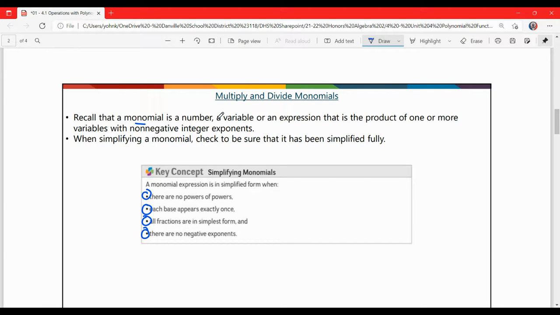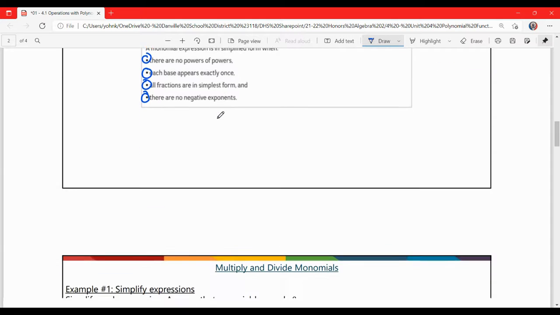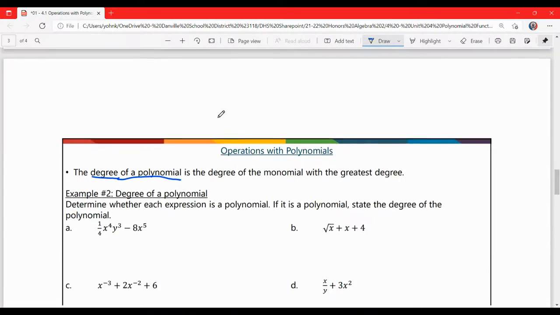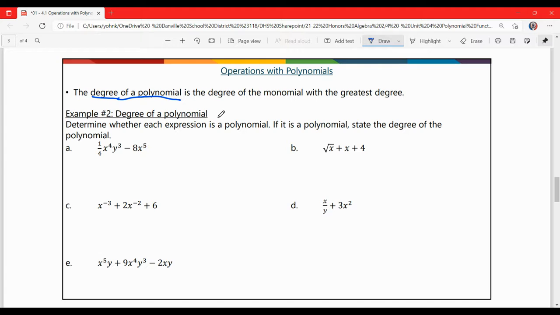So it can be numbers, letters, or numbers and letters multiplied together, more than one letter, can't have any negative exponents. So if I take a look at letter A, 1/4 x to the 4th y cubed is a monomial. 8x to the 5th is a monomial. So therefore, this is a polynomial. Yes, a polynomial.